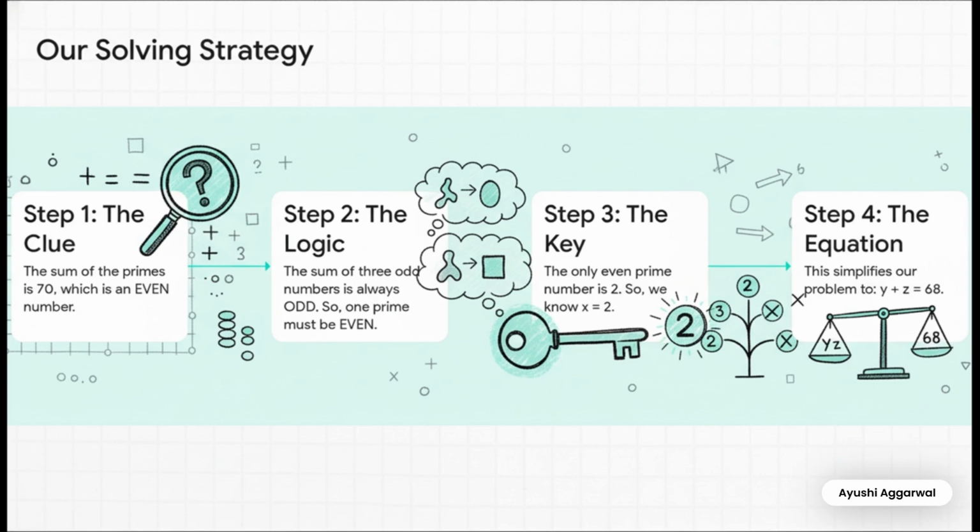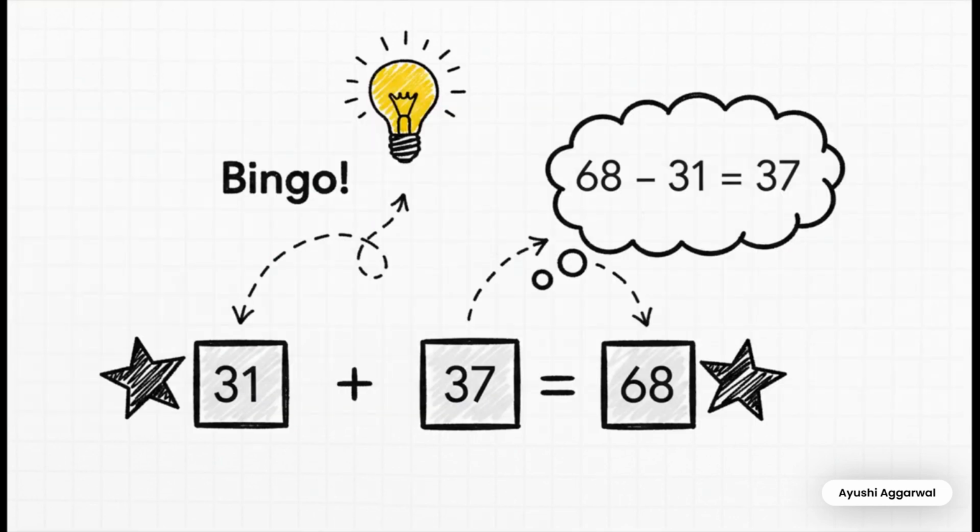Now our equation gets so much simpler. It's just y plus z equals 68. So now our task is way simpler. We just need to find 2 prime numbers that add up to 68. Let's just try a few options. What if we try y equals 31? That's a prime number, right? So what would z be? Well, 68 minus 31 is 37.